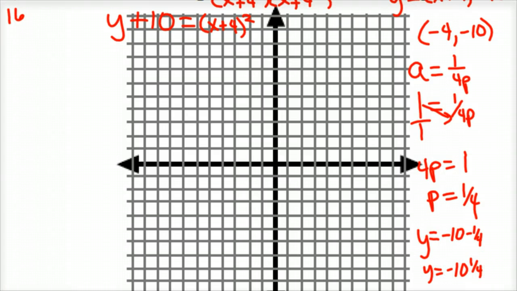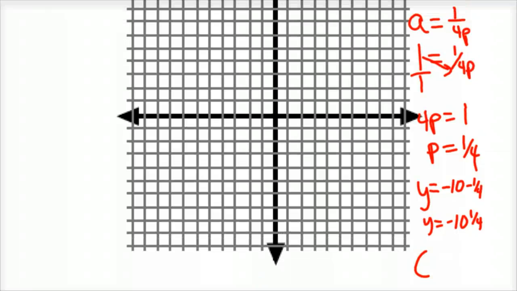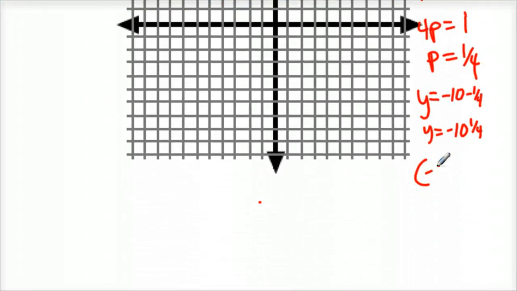And our focus is going to be h comma k plus p. So our h again was -4, and our k plus p, well, it was -10 plus 1/4, so -9 3/4.